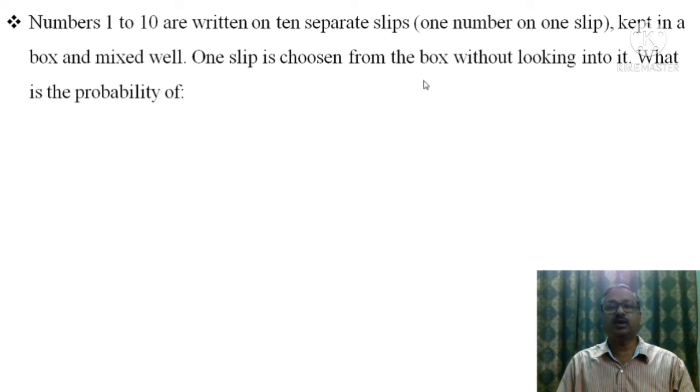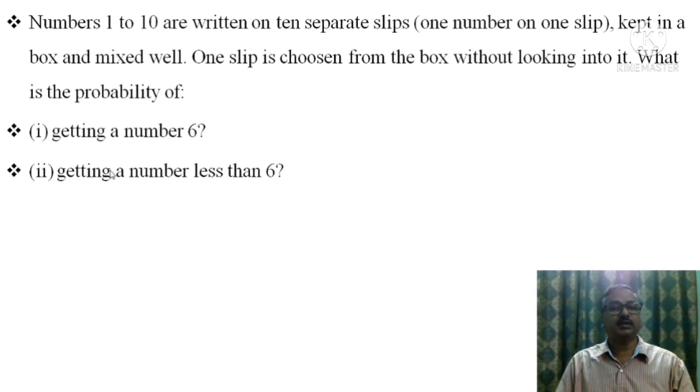Without looking into it means we cannot give any preference to any particular number, so at random we take one slip from it. What is the probability of, see the parts, getting a number 6, getting a number less than 6, getting a number greater than 6.